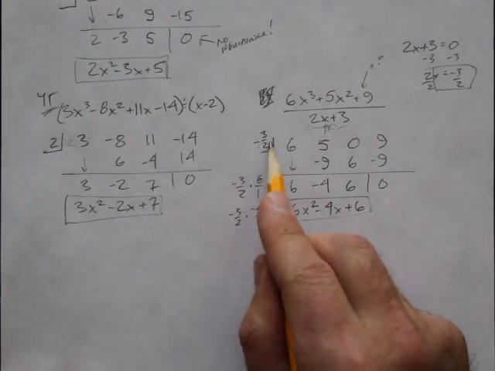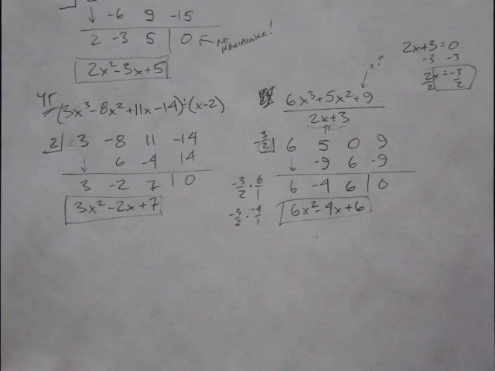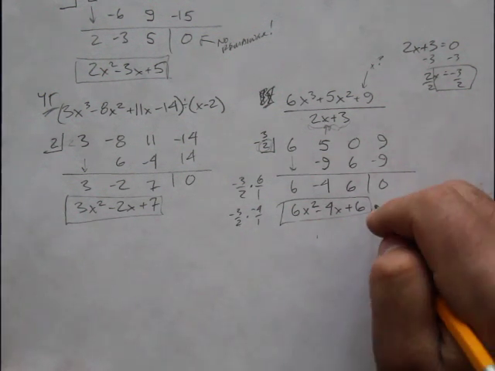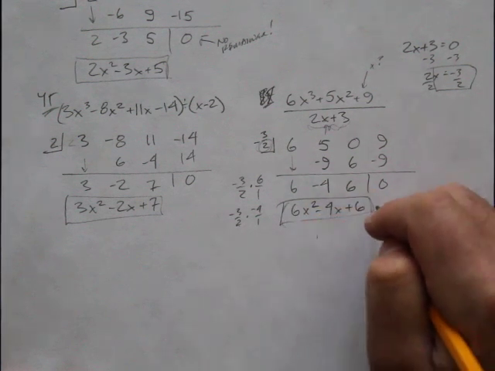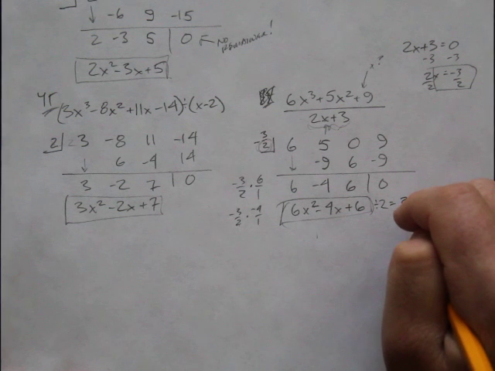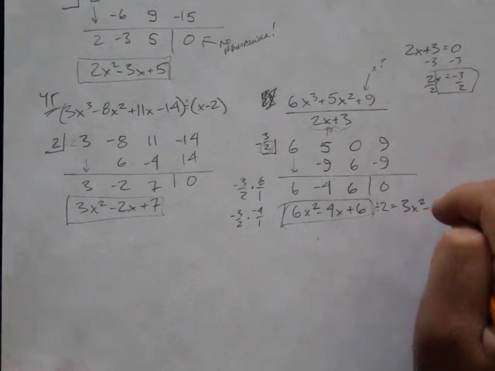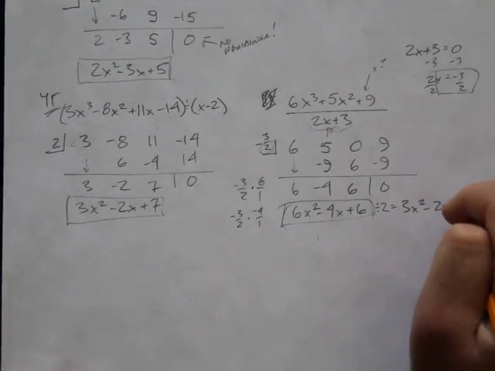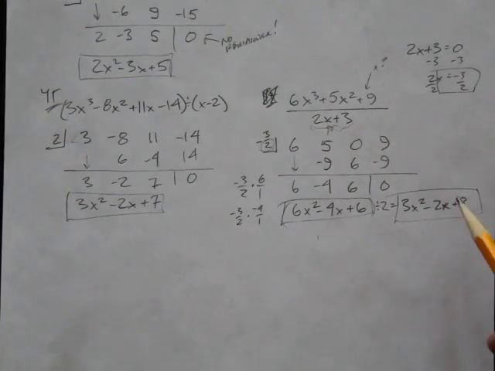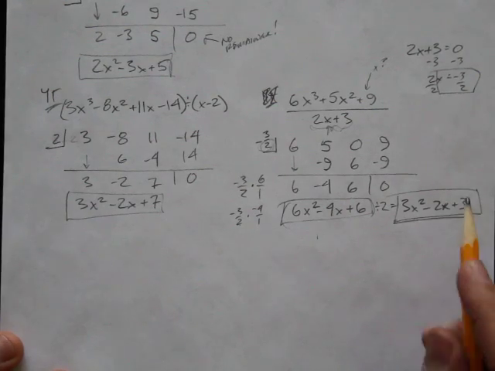Notice how this thing here is 2 in the denominator. Coincidence? I think not. But let's just divide this whole thing by 2 and we get the better answer. So it should be 3x squared minus 2x plus 3. Now, this is the better answer here.